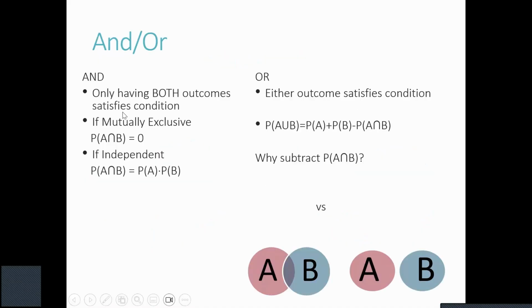So for the ands, only being in both outcomes satisfies the condition. So remember, we had like 1, 2, and 3 for a dice roll, and 1, 3, and 5, and only the 1 and the 3 counted as being in both. Okay.